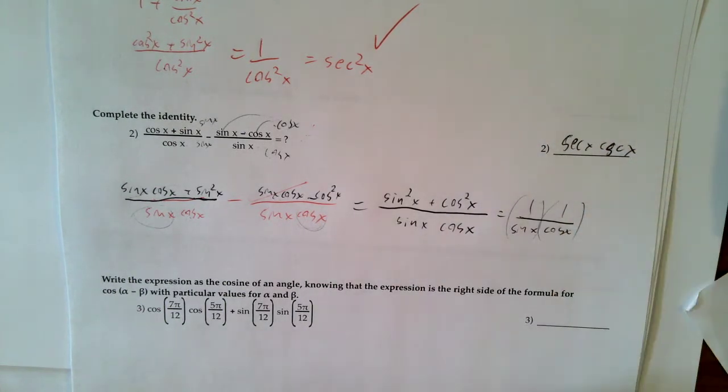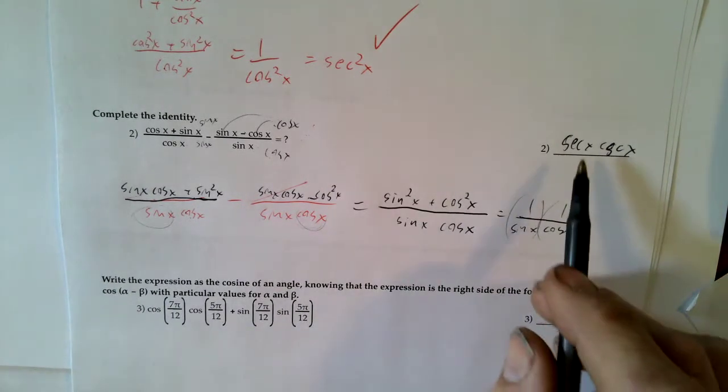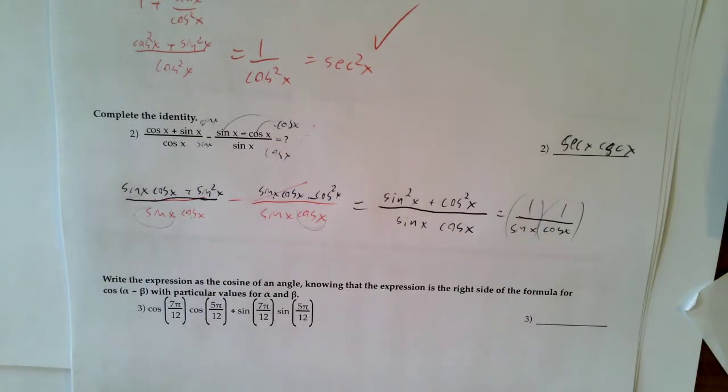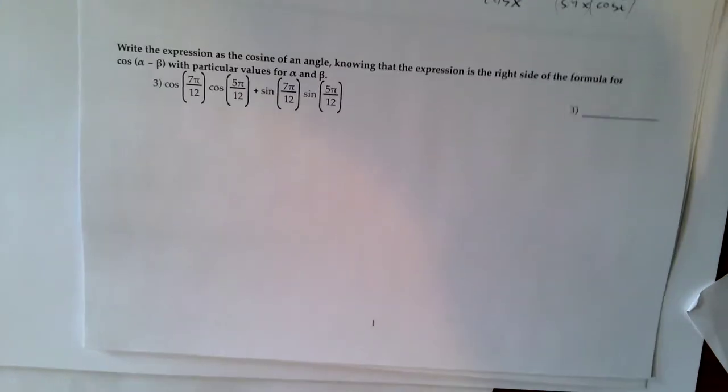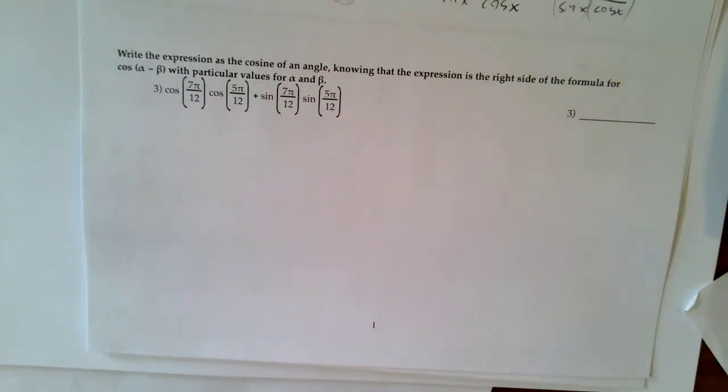You could leave it in 1 over form, or you could put it in those reciprocal functions. That's fine. That product is what this whole thing simplifies down to, and that's what you're trying to do with those. Angle, sum, and difference properties are useful in a few cases, being able to break these things down.